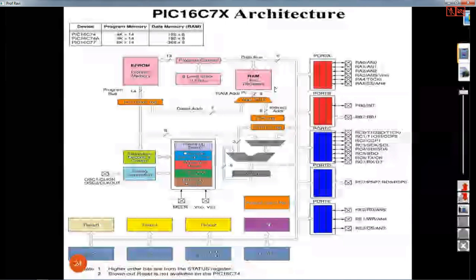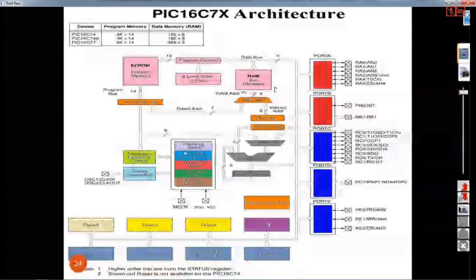In detail, here you have a 14-bit data bus to carry data or instructions, the instruction bus from program memory. So this is identified as 14 bits.